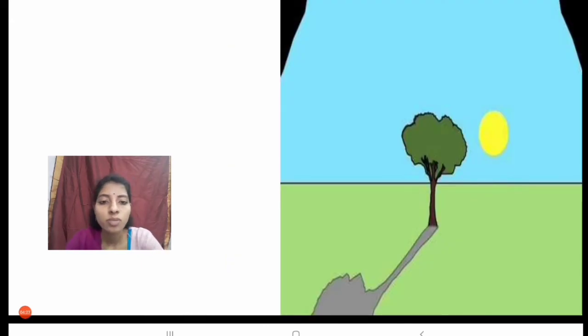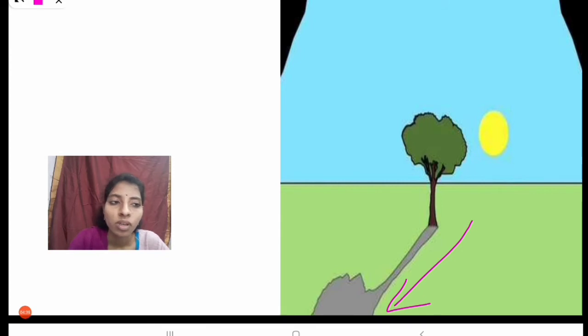You can see here in this picture, the tree is facing towards the sun. So here you are seeing the shadow of the tree. So how does the shadow take place here? You are seeing here the refraction of light takes place. Here the light ray will fall on the surface of the tree like this and it bends like this.